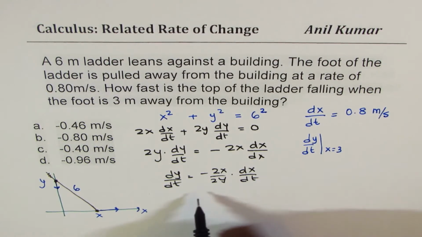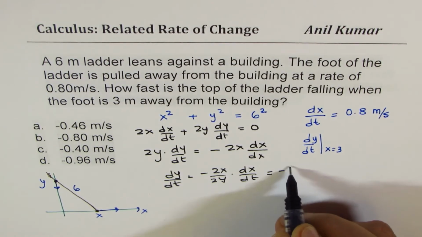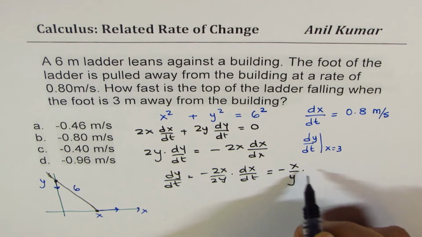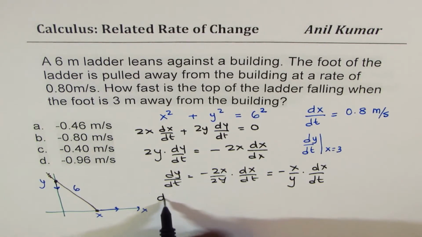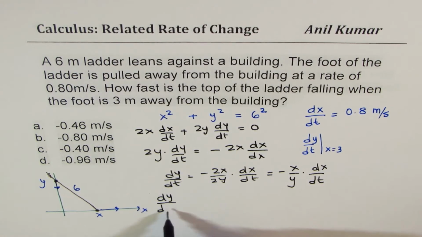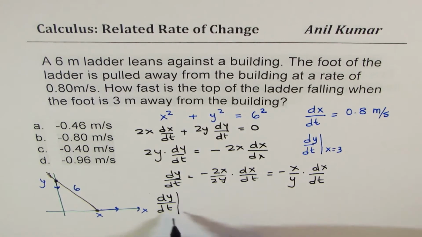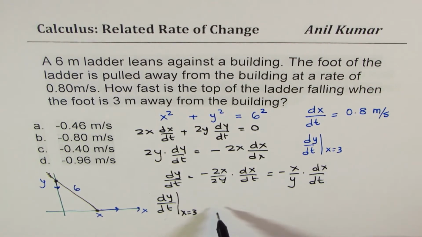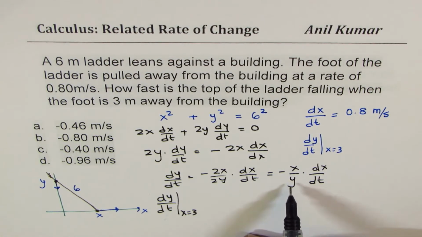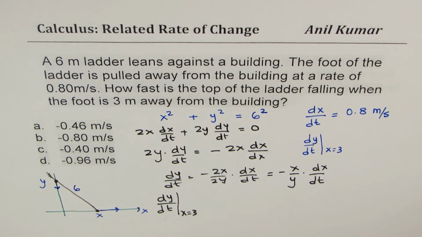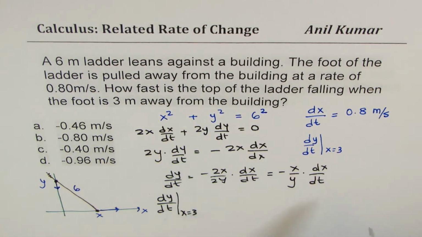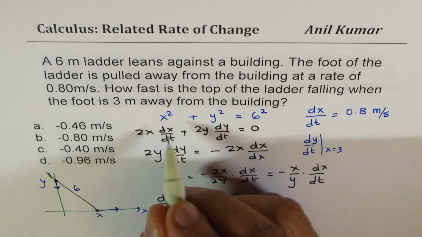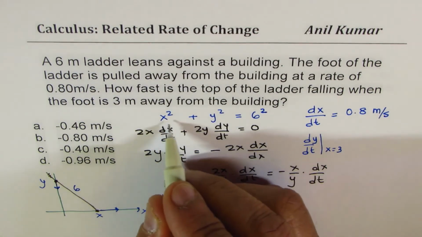So that gives you negative x over y times dx/dt. Now we need to find the rate of change of y with respect to time when x is equal to 3. So we also want to know what y is. We can find the value of y from this equation. When x is equal to 3, we'll substitute 3 here.